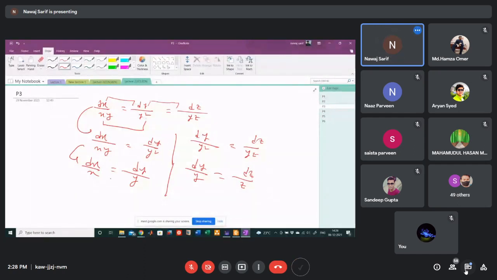This is one ordinary differential equation, and this is another ordinary differential equation. On integrating, you can easily find the solution of these two equations. So depending on P, Q and R, you can apply different kinds of methods to find the solution.